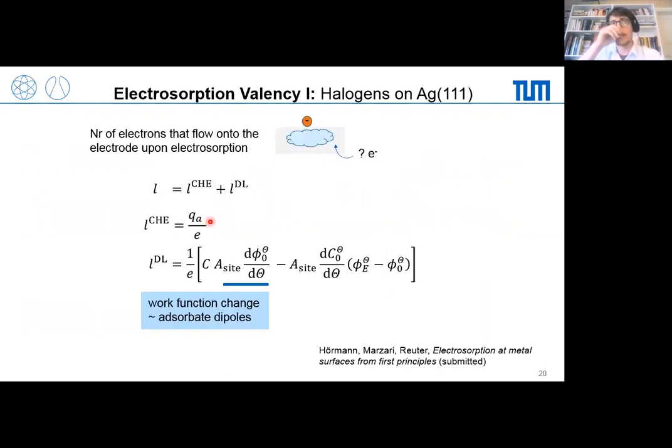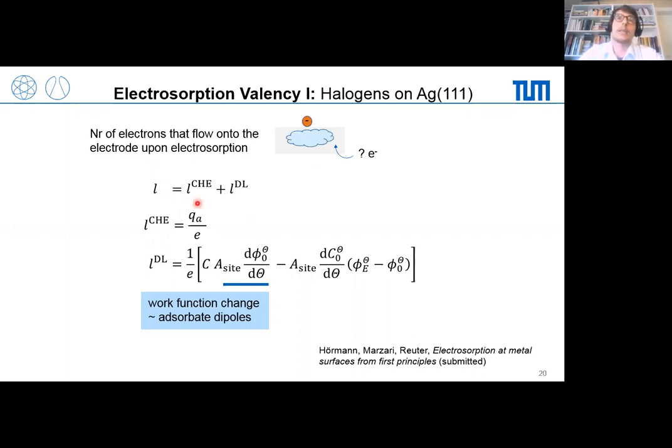In addition to this, we can also analyze this other property that I've mentioned already before, the electrosorption valency. This property describes in essence the number of electrons that flow onto the electrode upon an electrosorption event. In the second order model, you can analytically derive what its value should be.